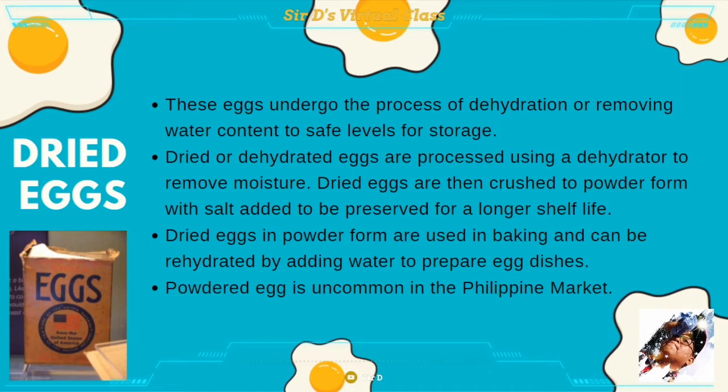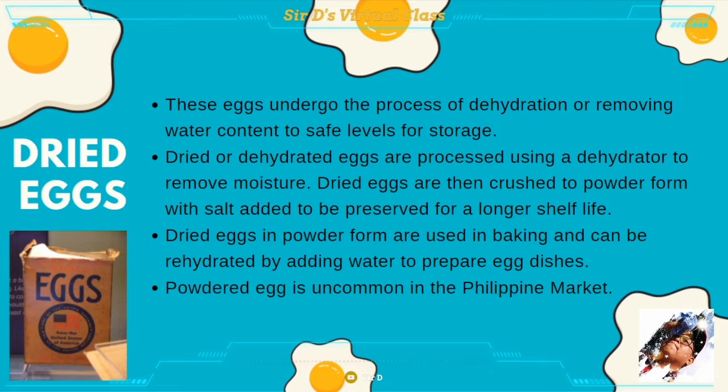Dried eggs. These eggs undergo the process of dehydration, or removing water content to safe levels for storage. Dried or dehydrated eggs are processed using a dehydrator to remove moisture.